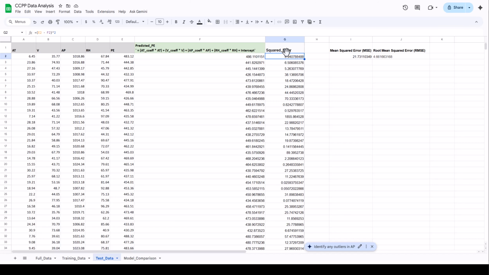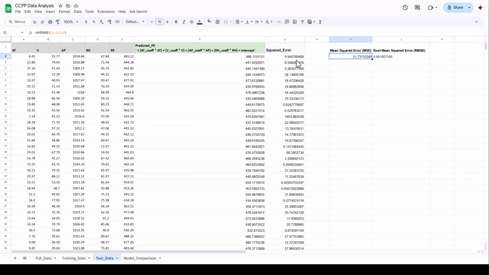And then I found out the mean squared error. So mean squared error, sorry, is the average of the squared error. And then finally, I found the root mean squared error, which is basically taking the mean squared error and then finding out the square root of that.